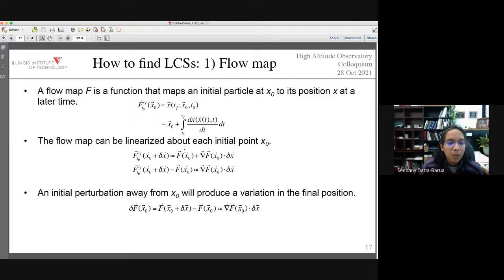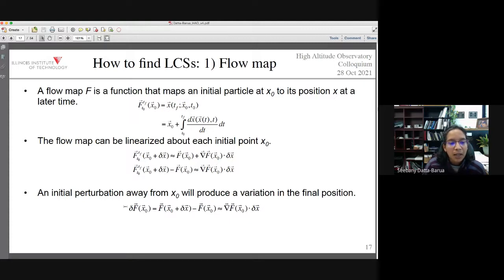And so that would give you the final location f of x naught plus effectively the first derivative here, which I'm writing with the nabla operator, the gradient operator of f, dotted with delta x. So the interpretation here is that an initial perturbation away from x naught will produce a variation in the final position.